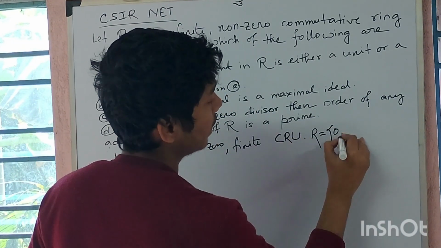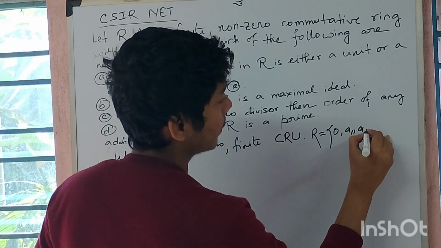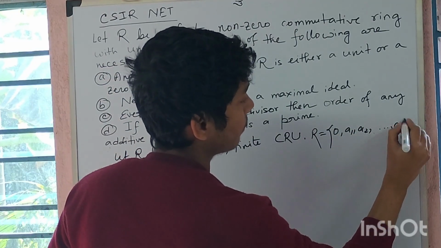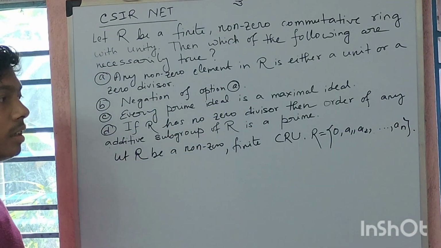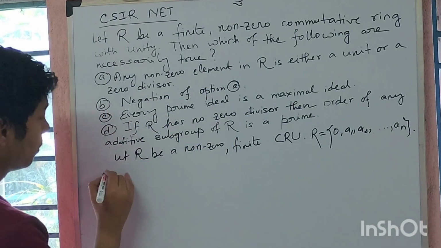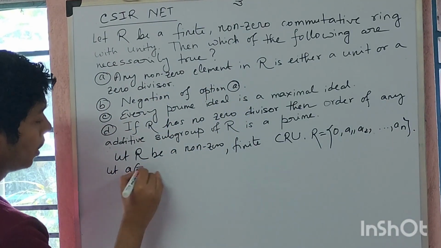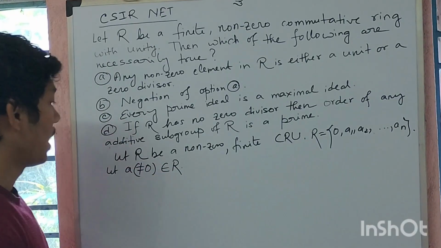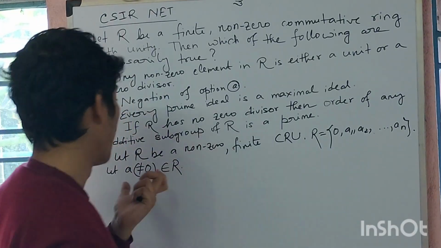Since it is finite, I can write it like this. Now let a, which is not equal to 0, belong to R. I am taking a non-zero element from R.